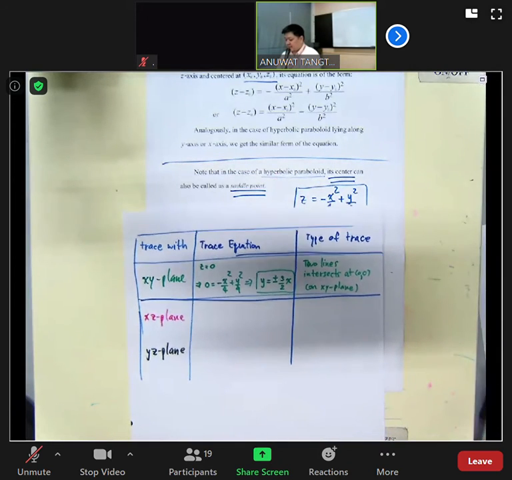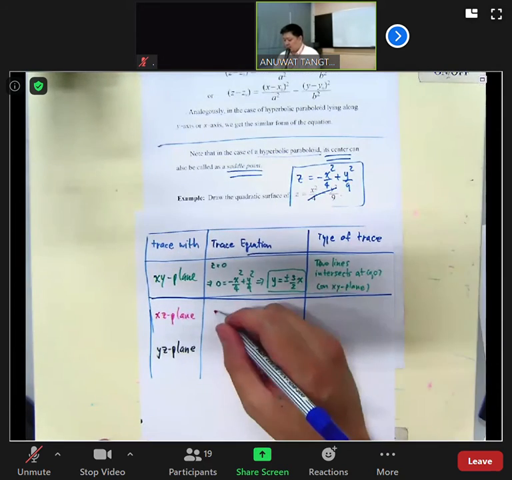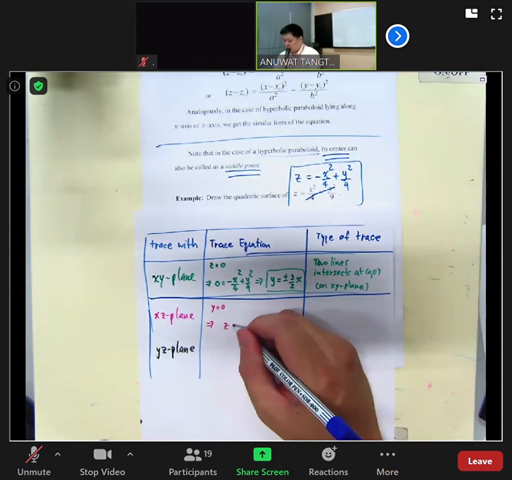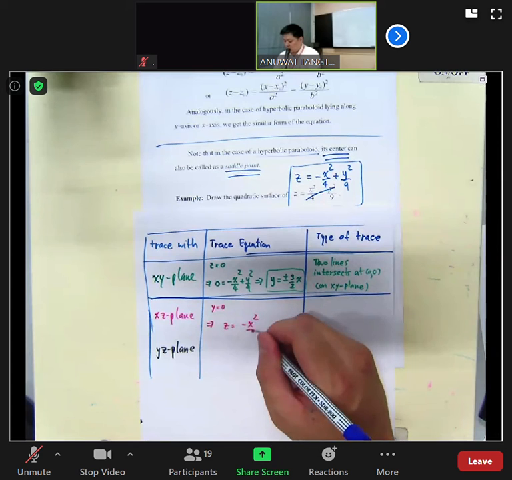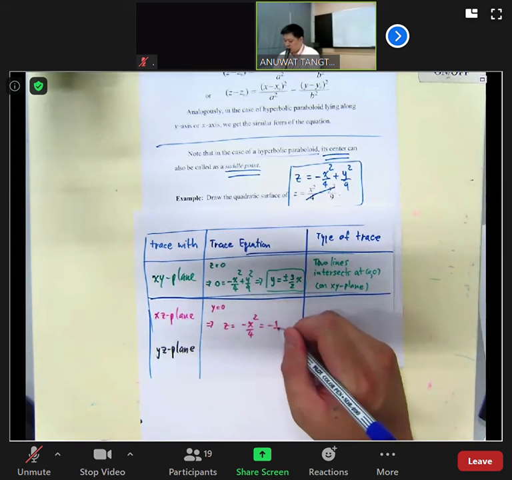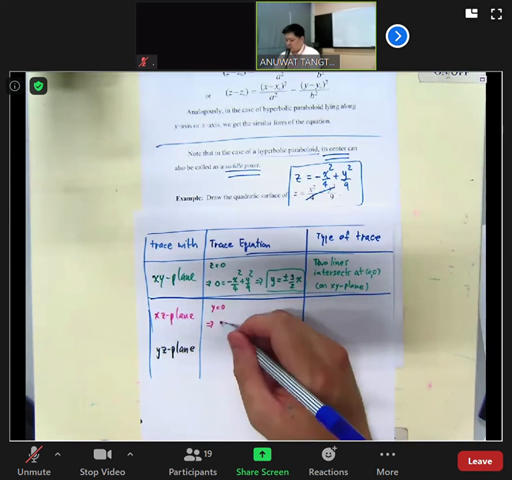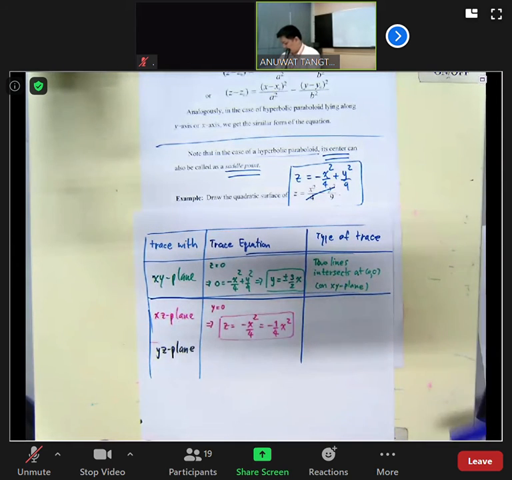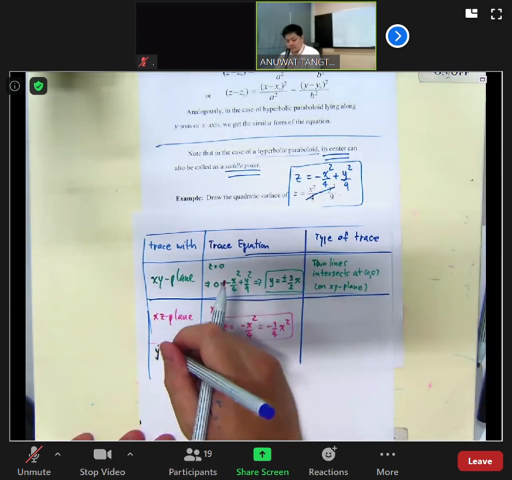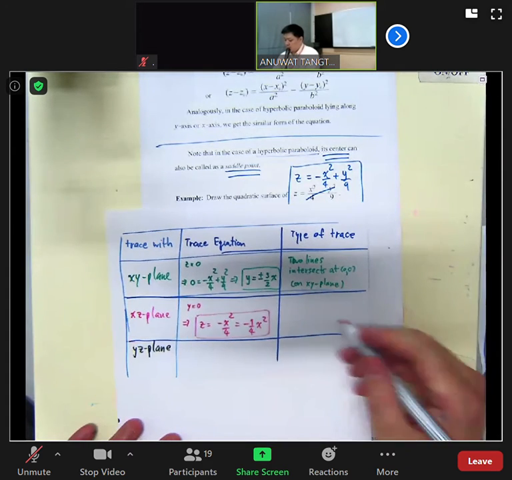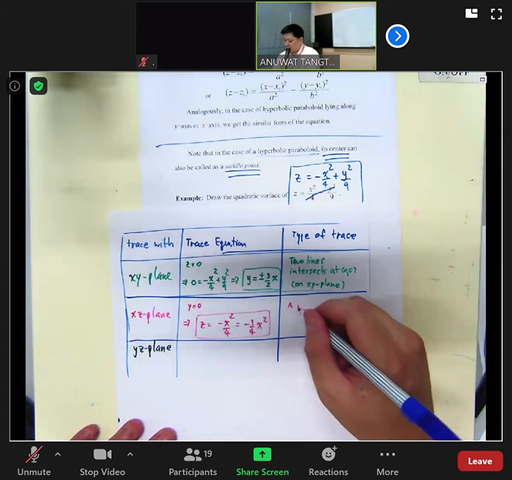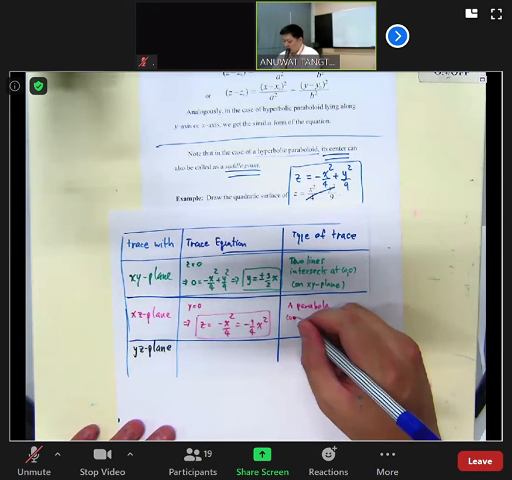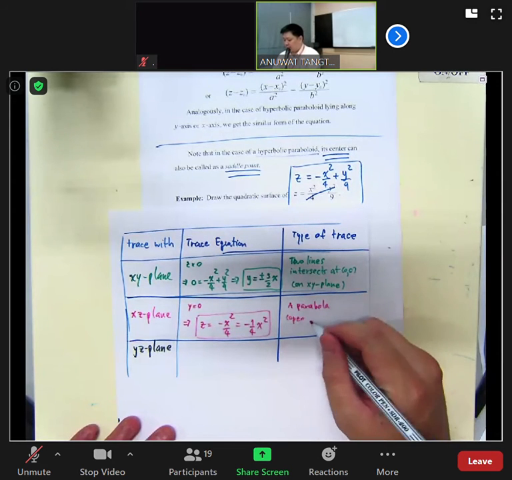Now on the xz plane, we let y be 0. We would get z equal to minus x squared over 4. That one would be a parabola open on negative z.